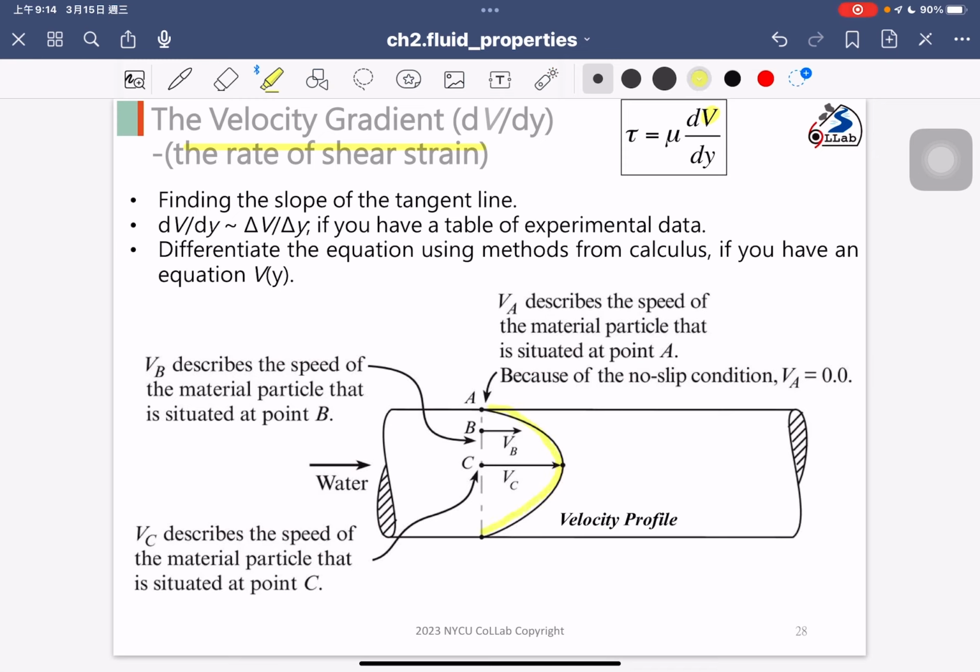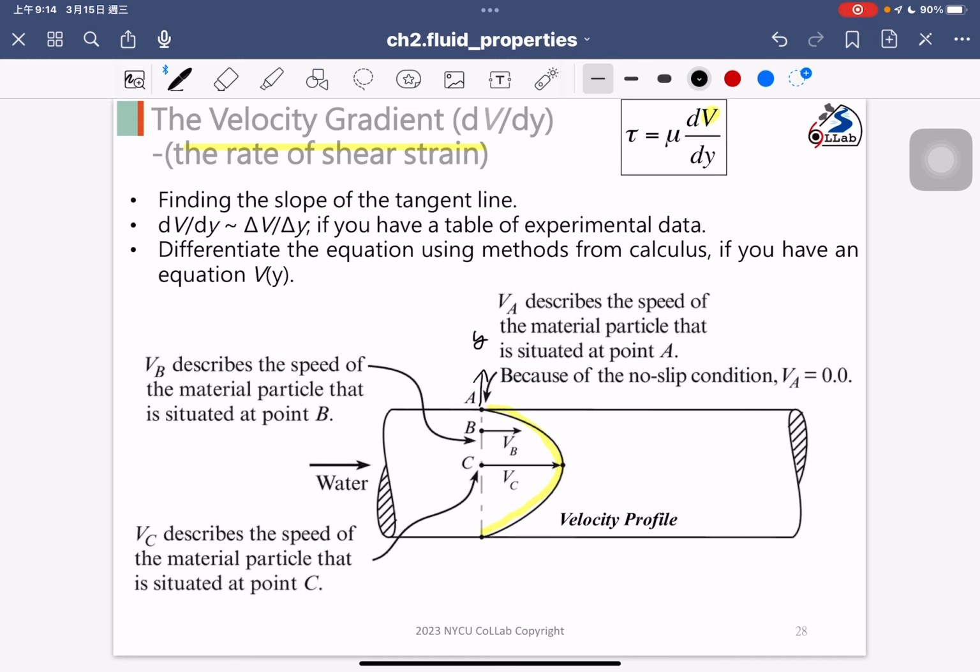This is the true condition: the velocity profile in a round pipe is always a parabolic shape. So we have the velocity function along the y direction, and along the y direction we have different velocity values.